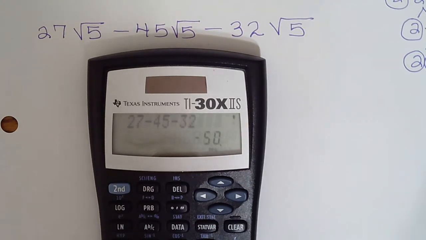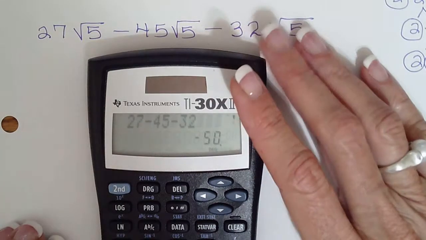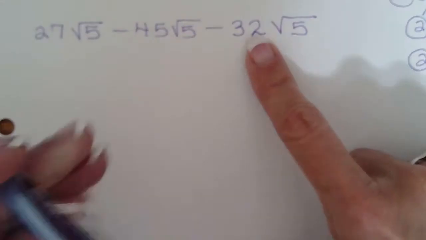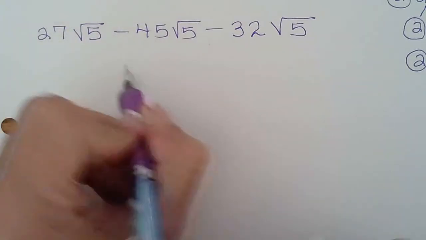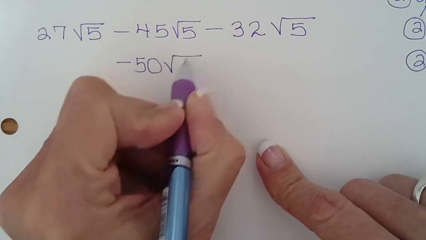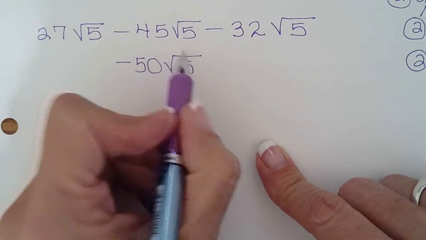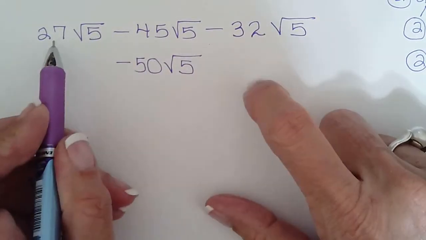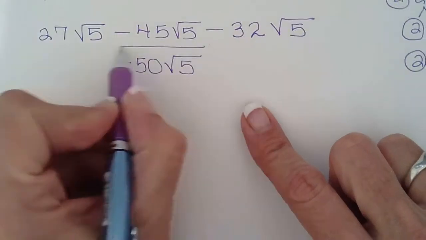Trying to fix the light. It doesn't look that good. So negative 18 and negative 32, negative 50 rad 5. That will be our answer. So negative 77 plus 27, yep, that's negative 50.